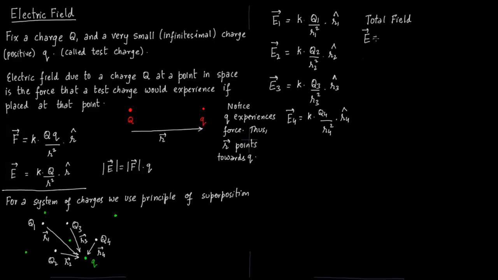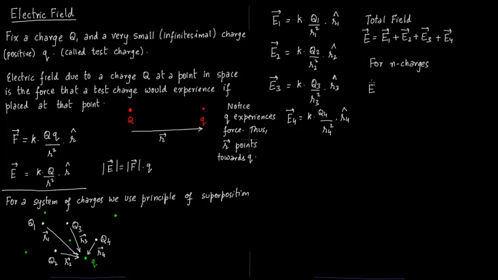So E vector would be E1 vector plus E2 vector plus E3 vector plus E4 vector. For n charges, we can repeat this situation, and instead of q1, q2, q3, q4, we can just go on till qn.